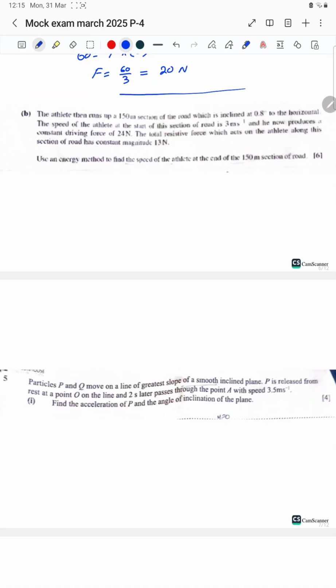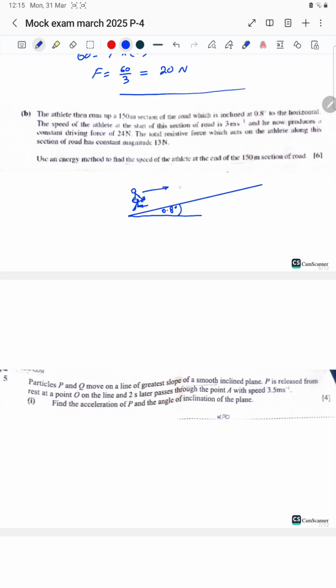Okay, now in part B, the athlete then runs up a 150-meter section of a road which is inclined at an angle of 0.8 degrees to the horizontal. Okay, now the athlete is running like this, he's going towards this direction, up.